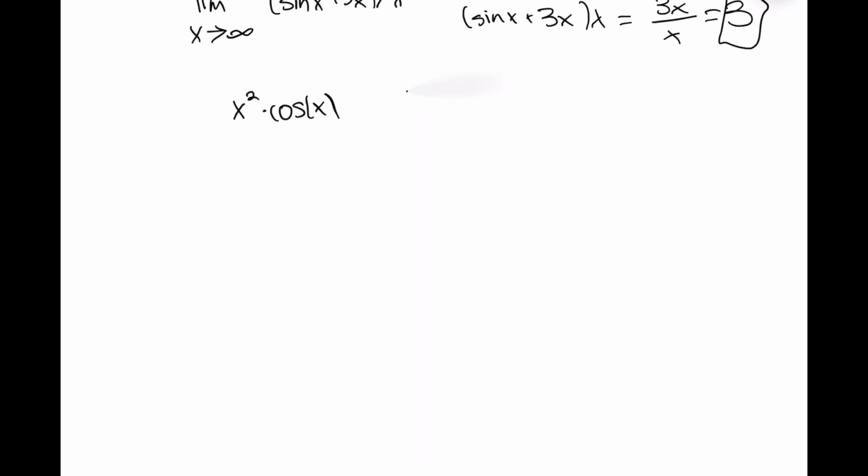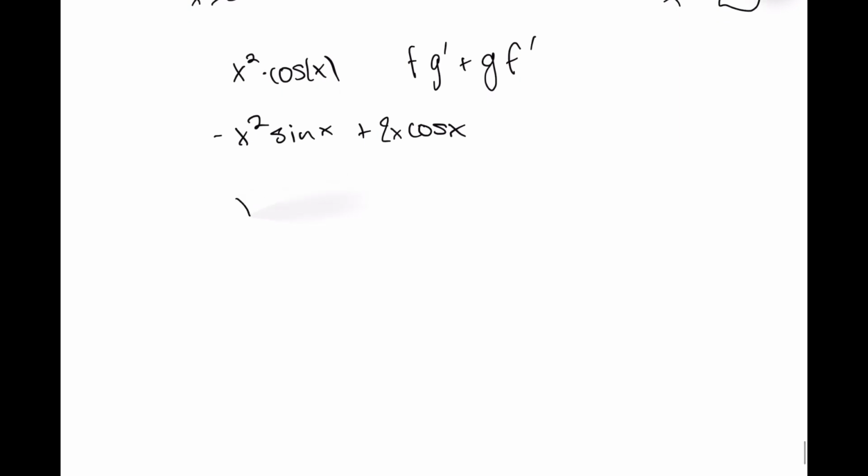Since the general rule is the first function times the derivative of the second function plus the second function times the derivative of the first function, what this will be is x squared times the derivative of cos x, which is negative sine, plus the second function, cos x, times the derivative of the first function, which is 2x. So this will be negative x squared sine x plus 2x cos x.